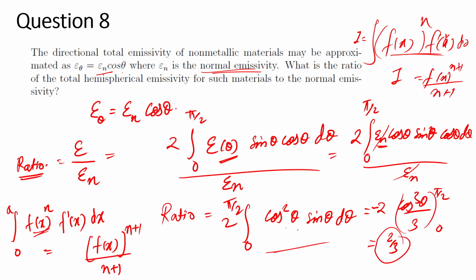Over here, f of x is cos theta, and f dash of x is minus sine theta, since the derivative of cos theta is minus sine theta. That is why it is of the form f of x raised to n into f dash of x. So it will become cos theta raised to n plus 1, where n is basically 2, so cos cube theta upon 3. Then we just apply the limits pi by 2 to 0. Cos of pi by 2 is 0 and cos of 0 is 1, so it will come around 2 by 3.